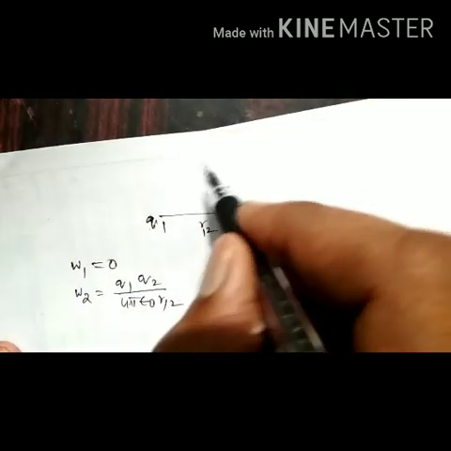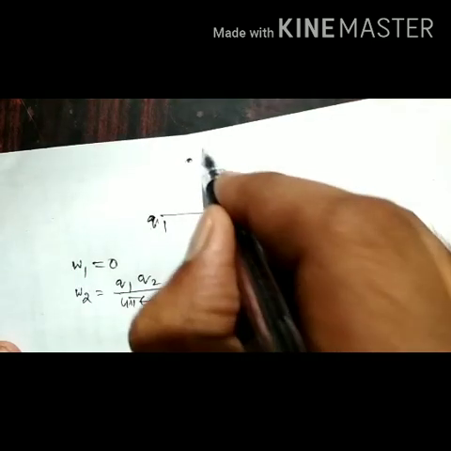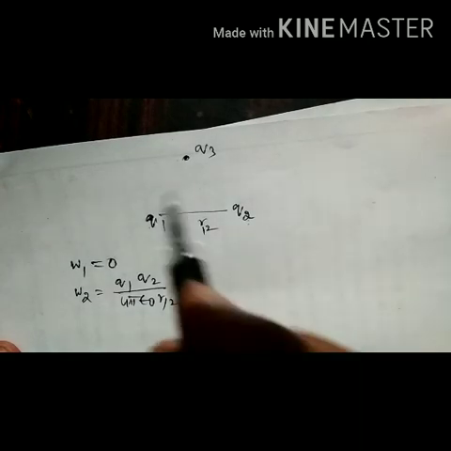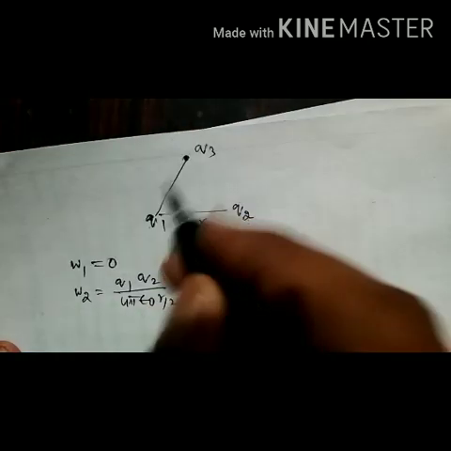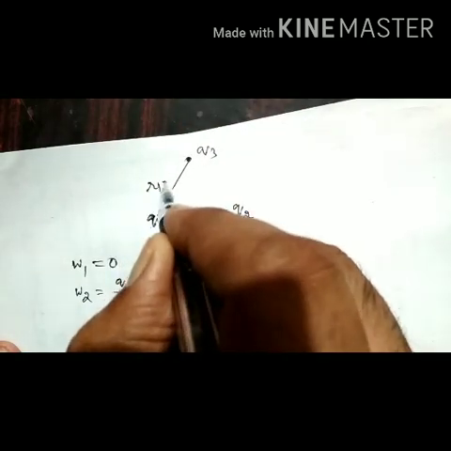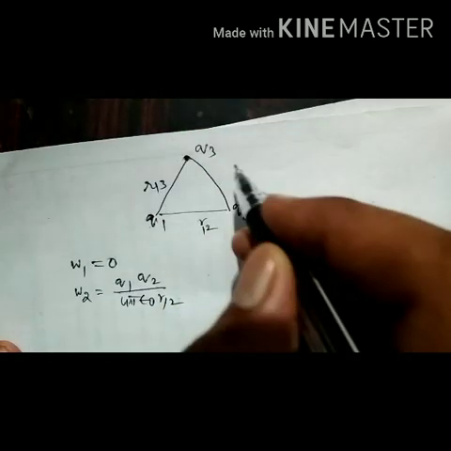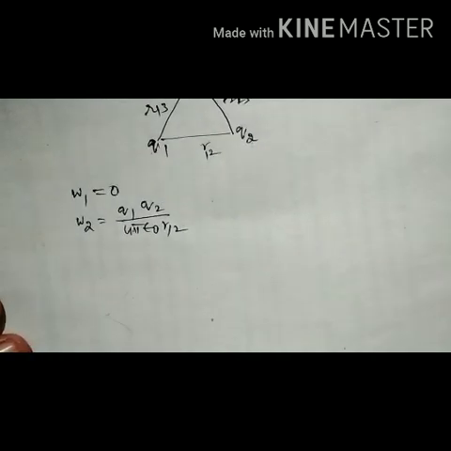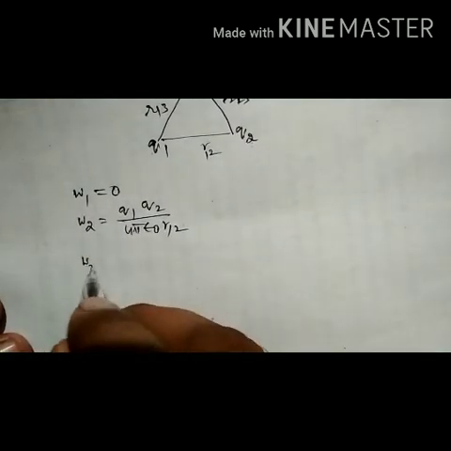Now I want to bring one more charge. So this is q3. I am bringing it from infinity. At infinity the potential energy is 0. I am placing it at a distance of r13 from q1, and at a distance of r23 from q2. Now if I want to write W3, what happens?